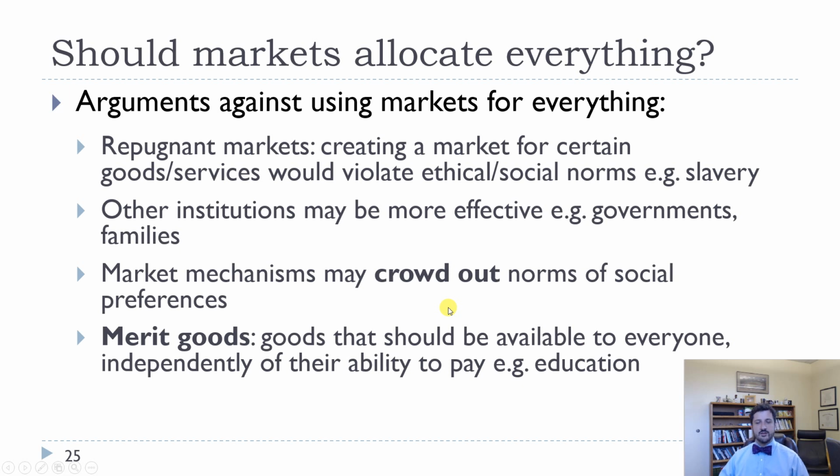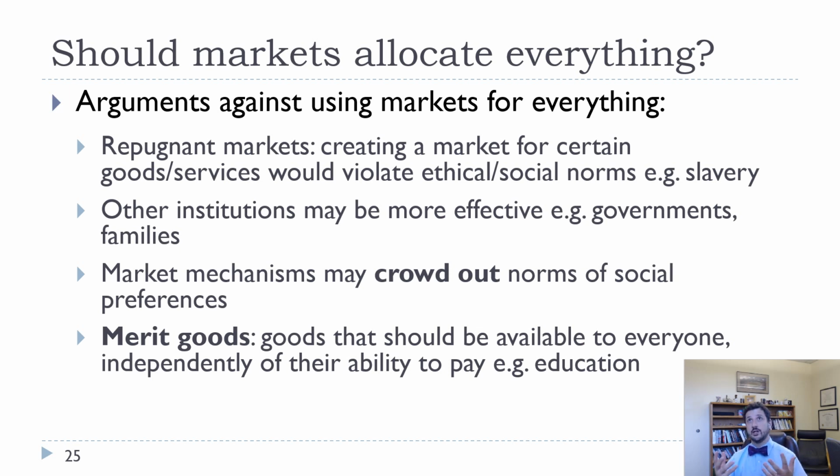So that leads us to the last question of Chapter 12, which is, should markets allocate everything? And a lot of times the answer is obviously just no. So one is that we don't want some repugnant markets, right? We don't want slavery. We probably don't want a market where you could sell your vote. We probably don't want markets in anything that we think should be illegal.